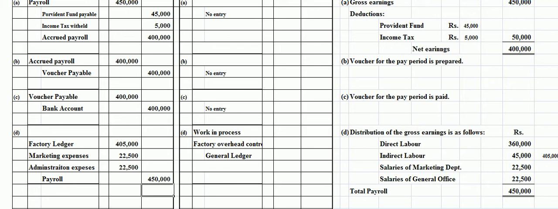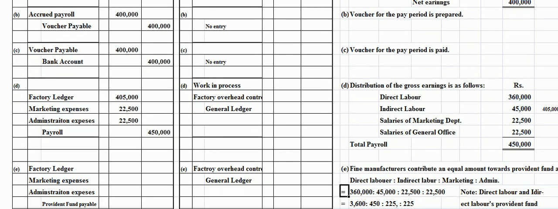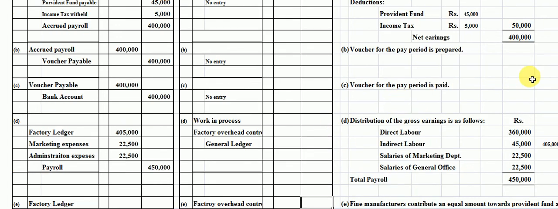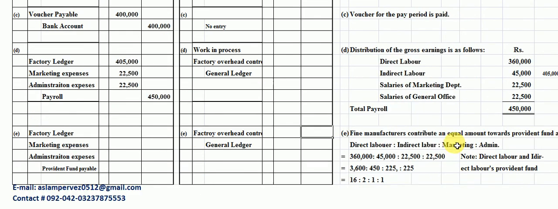Now students, we move to the next transaction, E, in which Fine Manufacturers contribute an equal amount towards provident fund as deducted here. Now the provident fund amount is 45,000 rupees, which is also contributed by the employer for his employees.